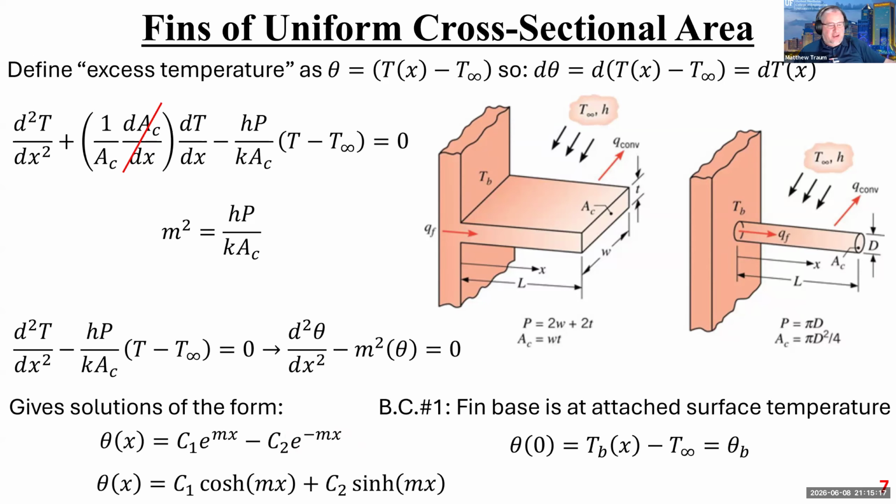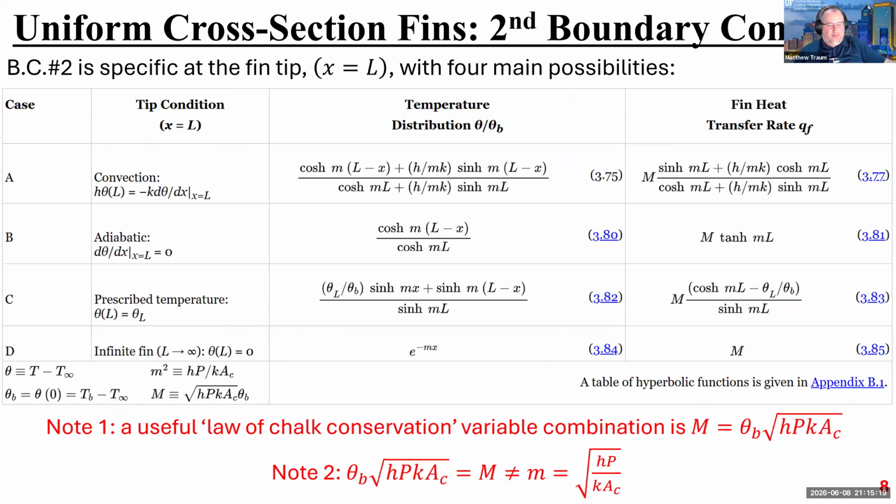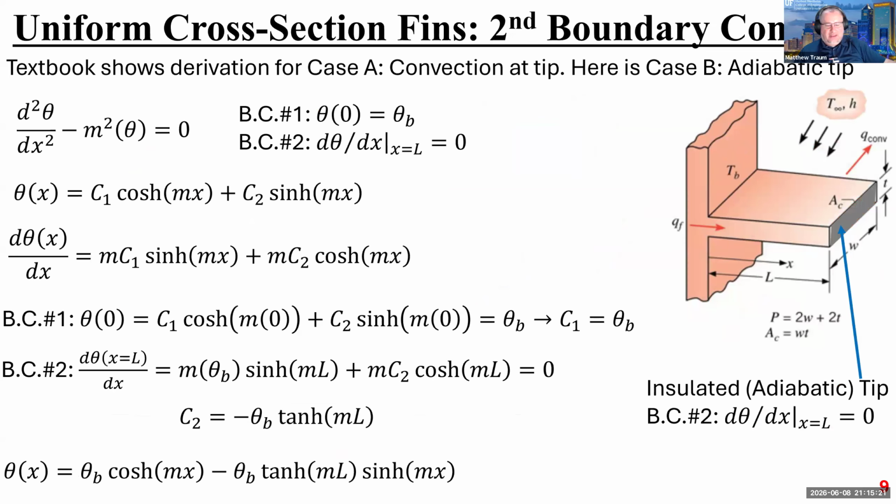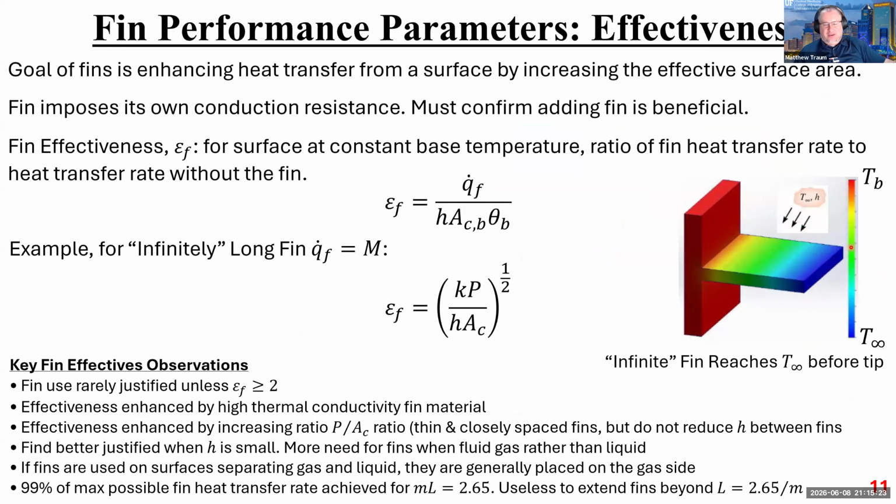It's using infinity as a stand-in for the length of the fin at which the temperature is no longer any hotter than the ambient environment. So that's what I mean by infinite fin. An infinite fin is a fin that's long enough that the fin temperature reaches T infinity, the ambient temperature, before that temperature profile reaches the tip.